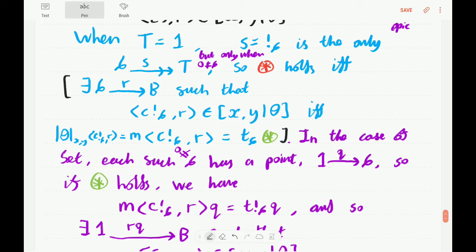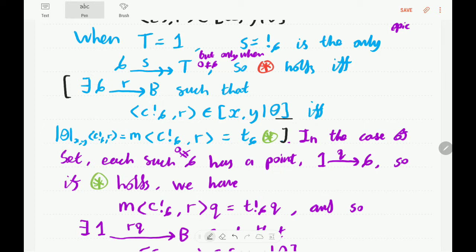Now, when there exists such a zeta, it turns out that this statement can be simplified, because we might as well just talk about points, because if this works when zeta is the terminal object, then of course it's satisfied.